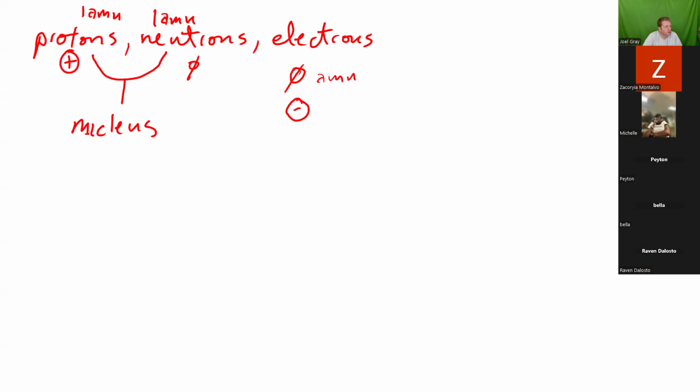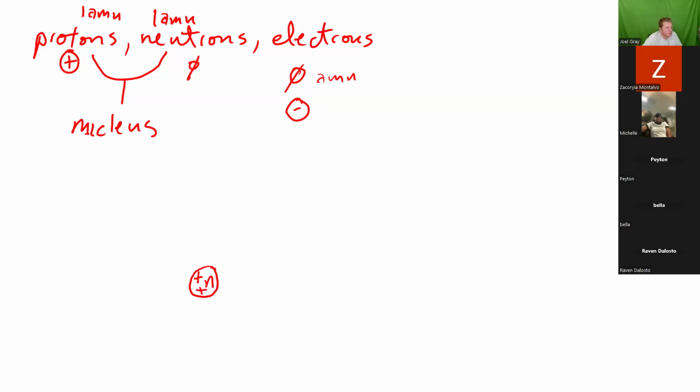Now, to make up the nucleus of an atom, we've got protons, and I'm going to label it as neutrons. What I've drawn right here is a nucleus. I'm going to go ahead and put a second proton in there. So we've got 2 protons and 1 neutron.